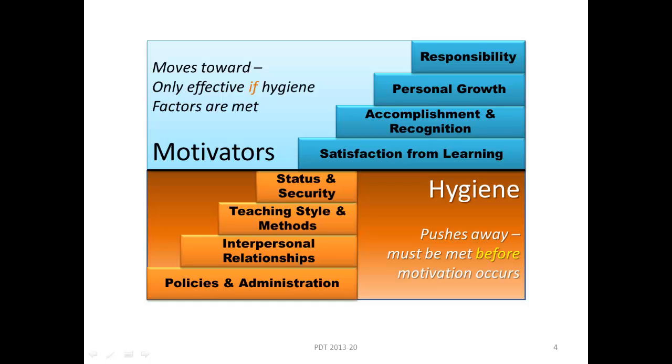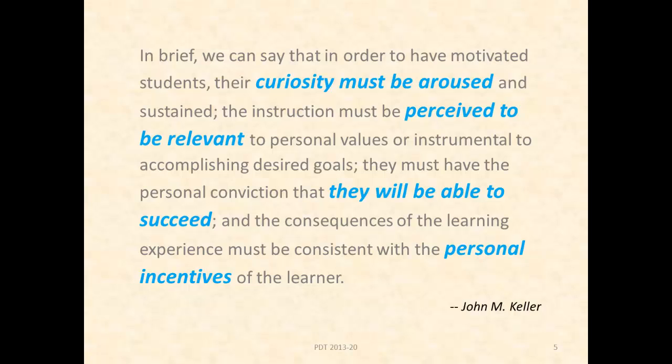If students are uncomfortable in a classroom, if they're treated unfairly, if the policies are over-restrictive, motivational techniques will not be effective. However, if these factors are amenable, then using techniques such as increased student responsibility, allowing for personal growth, recognizing student accomplishments and work, and increasing the student satisfaction with their learning will all be quite motivating.